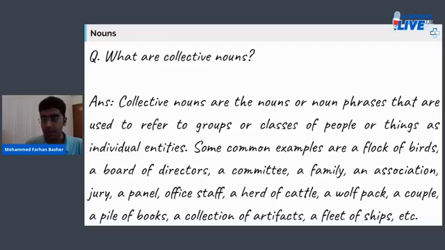And together, they stand as a singular entity, as something single, as a unit, as a group, and we refer to them as a singular unit as well, right? Okay.